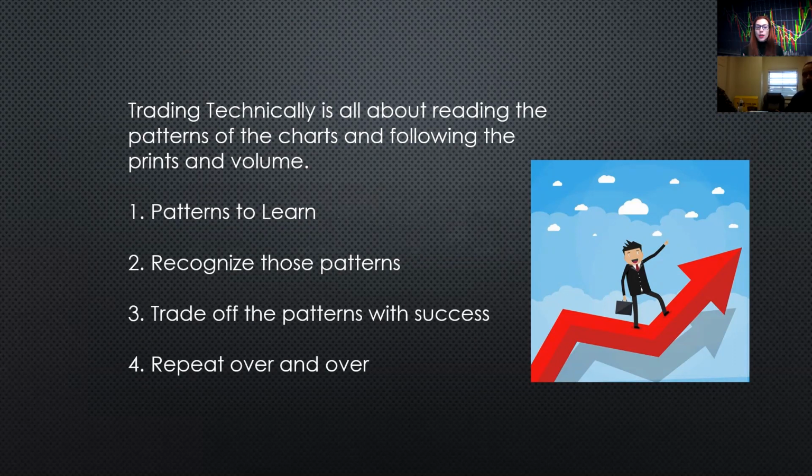We saw roughly 225,000 prints on Amazon, over $500 million worth of a position. So when we see the direction that they're going, we can profit with them. And also seeing the patterns and knowing the patterns technically can really help you. So it's learning the patterns, recognizing them, and then trading with those patterns with success, and rinse and repeat from there.